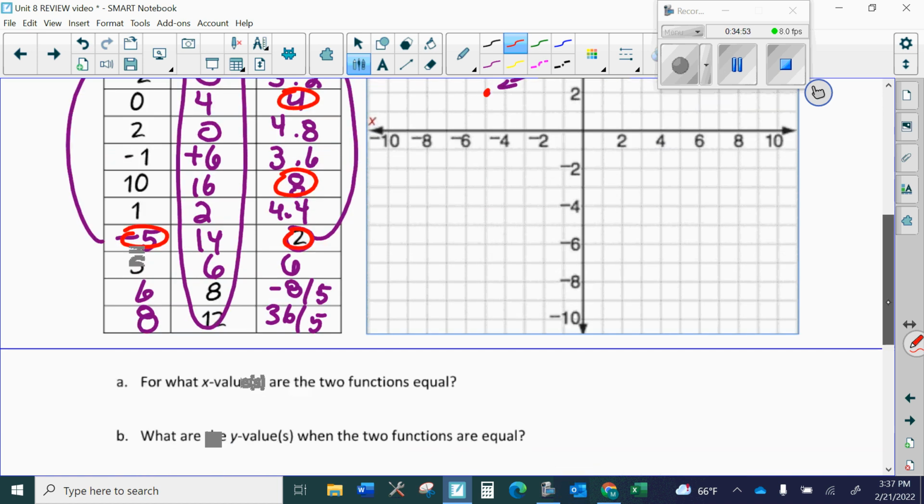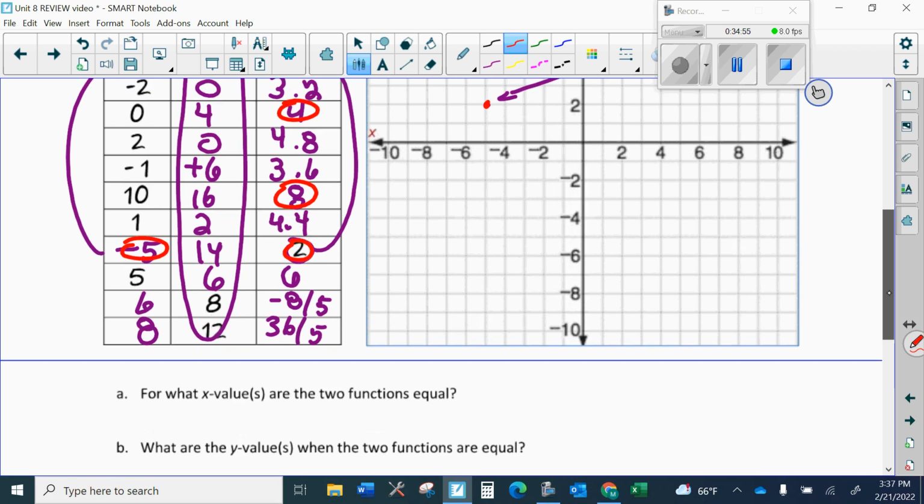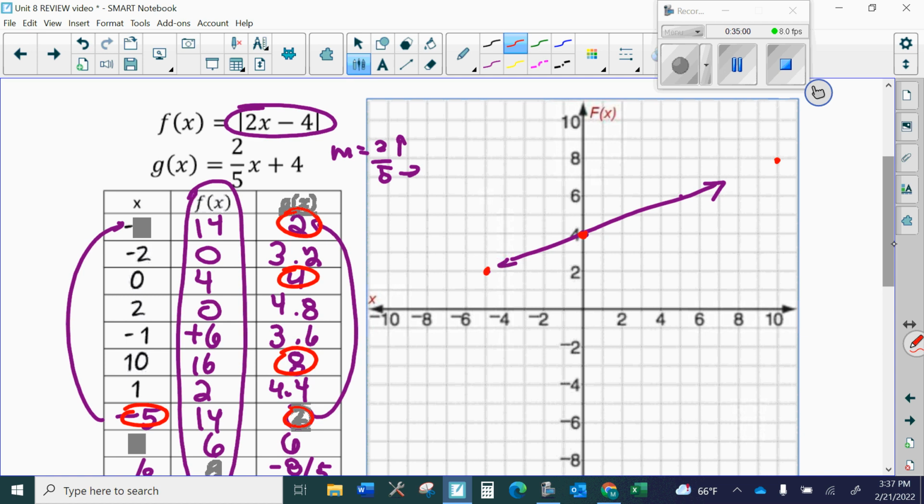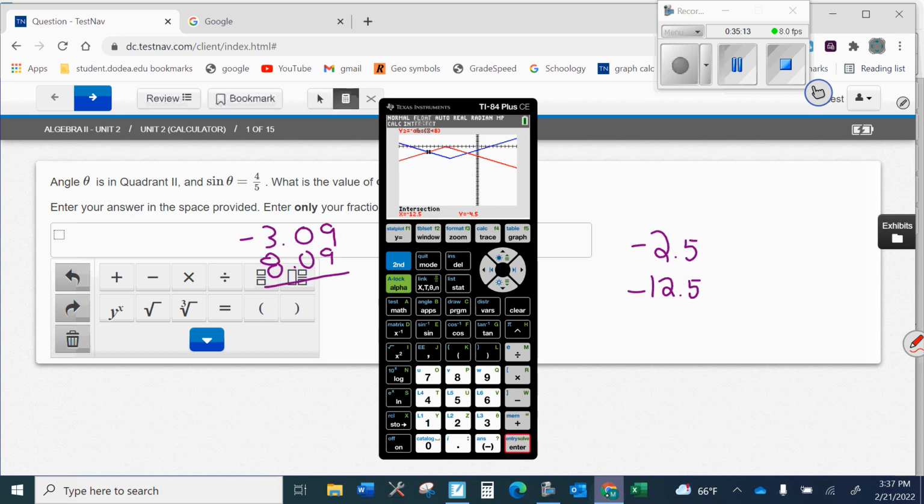Okay, so we need some more. It's a V shape here, so we want to plug in the absolute value because that's not going to give me a good enough graph right there. Let's type in those data points. Go back to y equals, clear, clear.